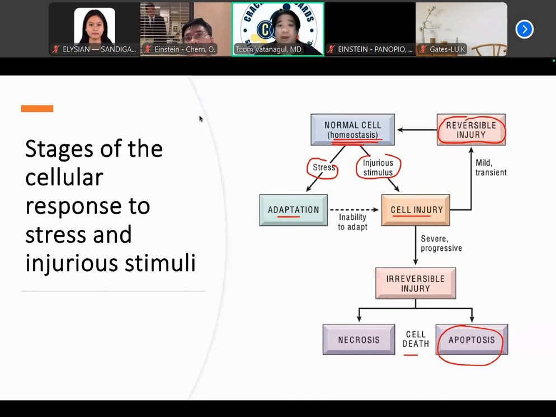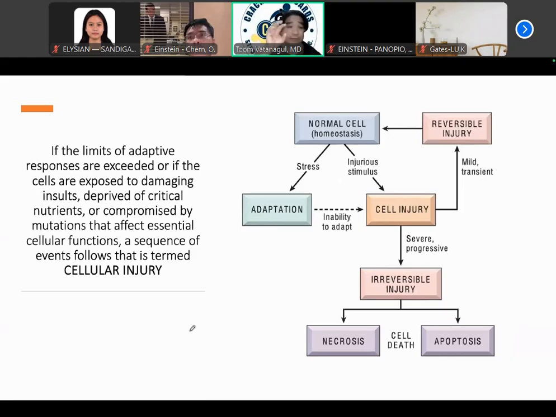Okay, now what I want everyone to remember here is we need to know which is irreversible, which is reversible. Okay, now let's proceed. I lifted this statement verbatim from the mother textbook. Allow me to read it.